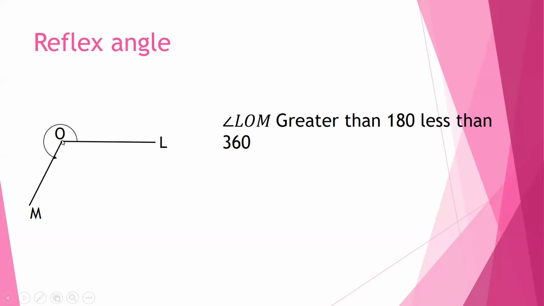You realize that as this line goes straight, it diverts to this point again. So it doesn't go straight to make 180. It extends here. So this extension makes it greater than 180, but less than 360 degrees. And that is a reflex angle. Okay.